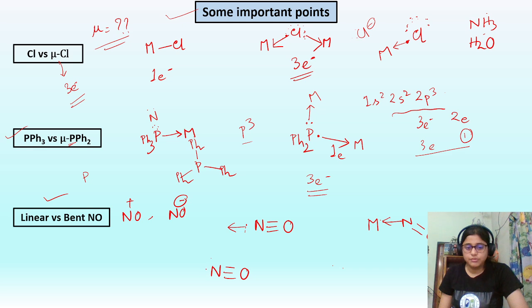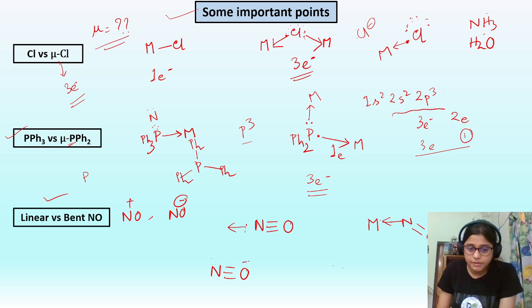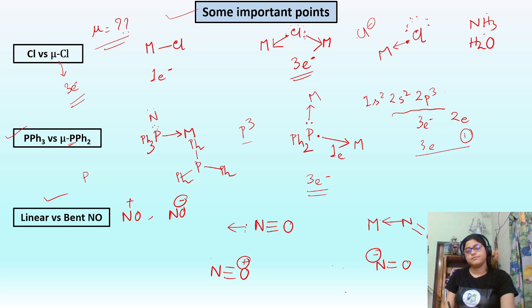Three electrons are actually bonded, and it can form 3 bonds. This is the NO plus, and for the NO minus case, this will be minus, and it can donate 3 electrons. There is a lone pair present, and it has positive charge, so we have to consider here 3 electrons.